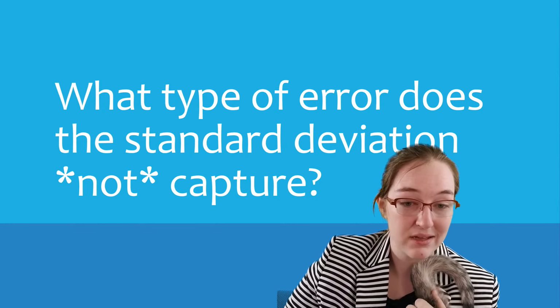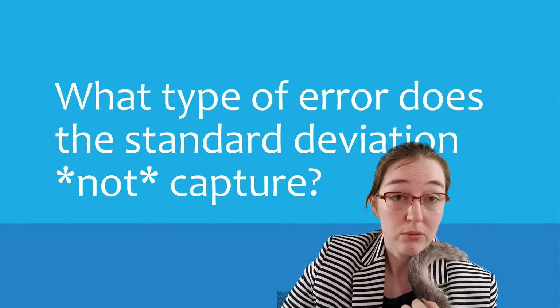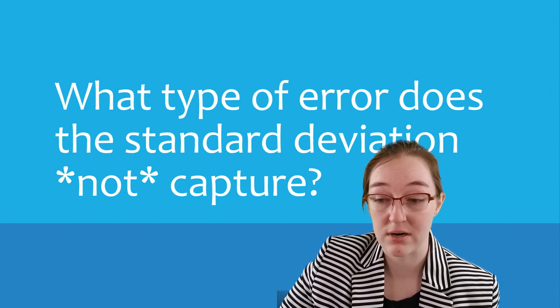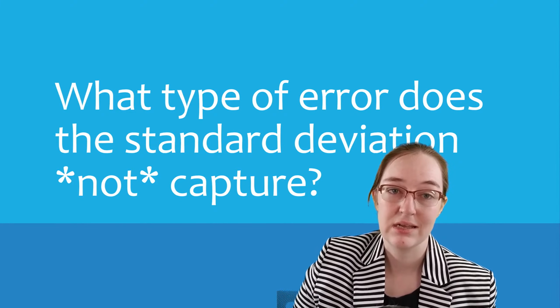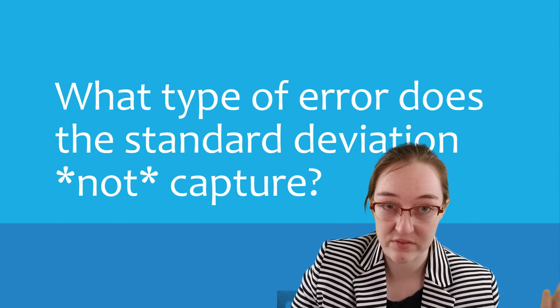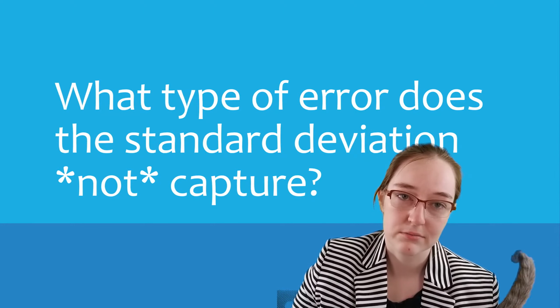A systematic error that occurs consistently across administrations will become part of the true score and will not reduce our estimate of reliability, even though it clearly isn't part of the reliability. Like, it's error.